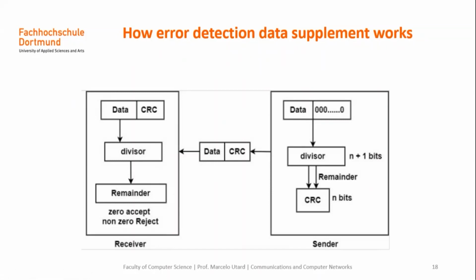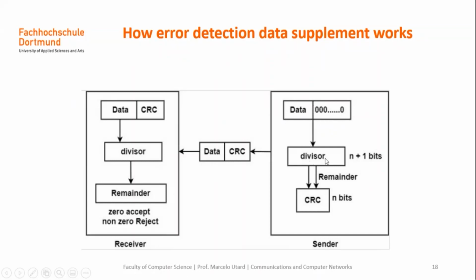In order to calculate these test or control bits, called typically CRC bits or cyclic redundancy bits, we need to divide all this bit chain or bit stream, where we complete the data with n bits at 0 at the end.